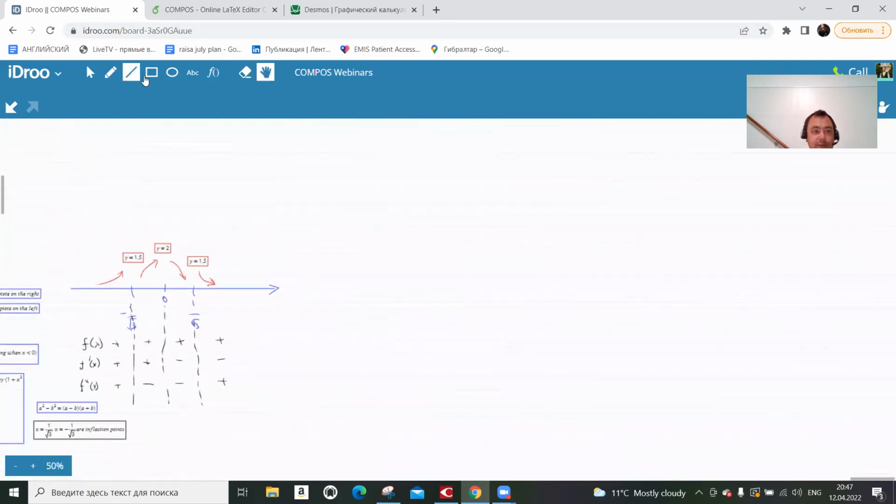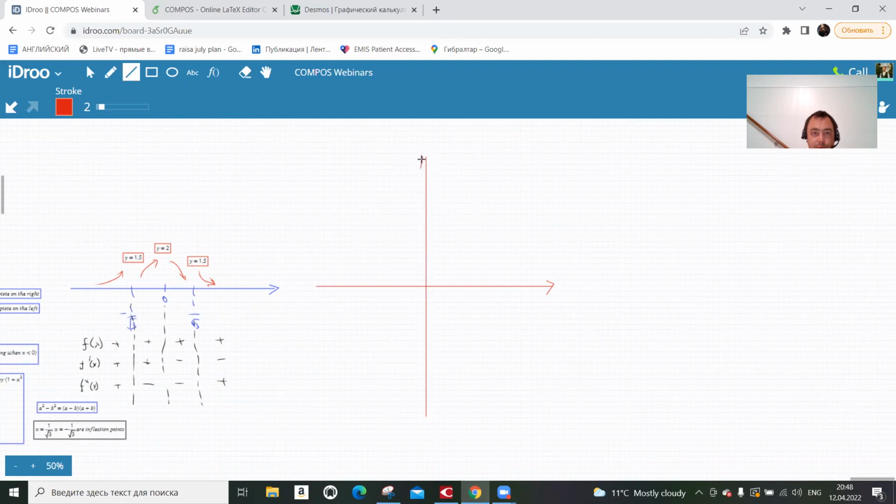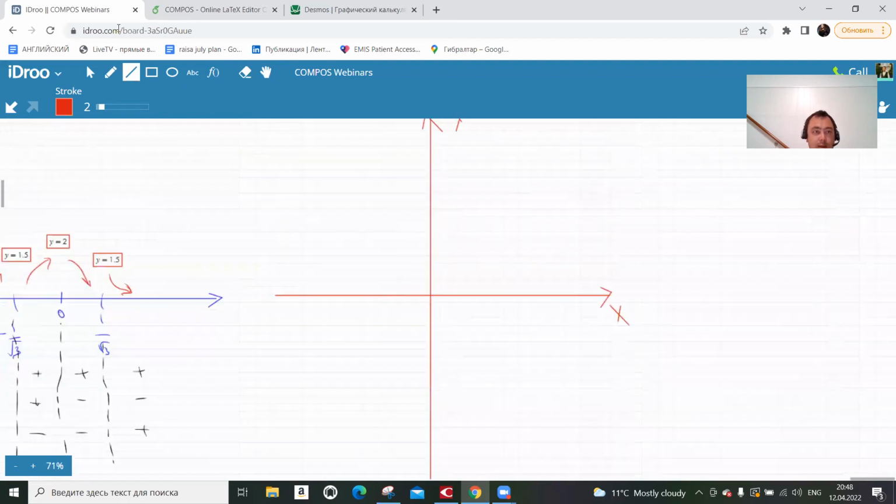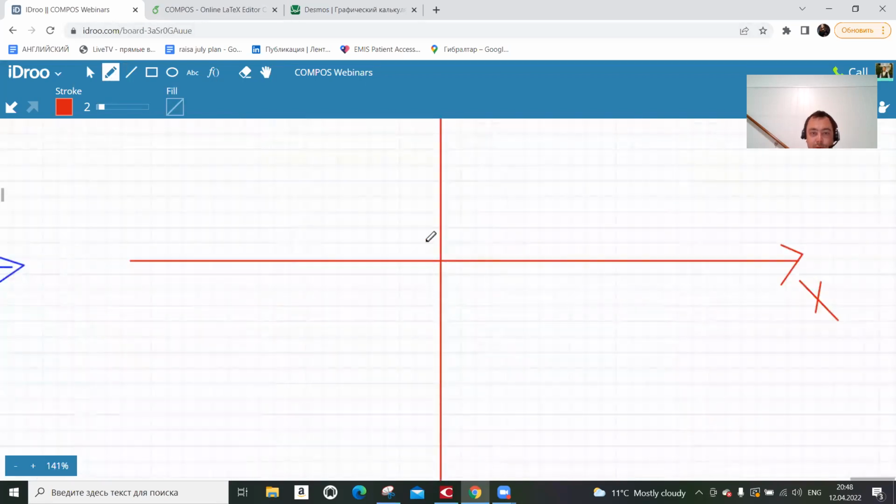And now we draw the graph. Well, we draw the sketch of the graph, obviously. So x, y, and we have 0 and 2.